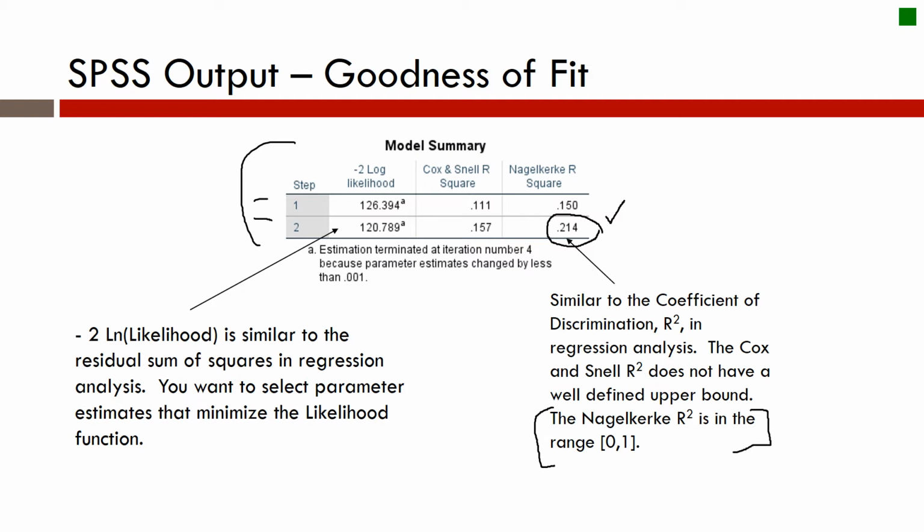So remember, in a stepwise regression, you'll have a step, and then you'll either add variables or delete variables from the step. And then in the next step, SPSS will run a second model. And then assuming the fit's better, it will run a third and a fourth and a fifth, depending on how many times it needs to, either adding or deleting variables.